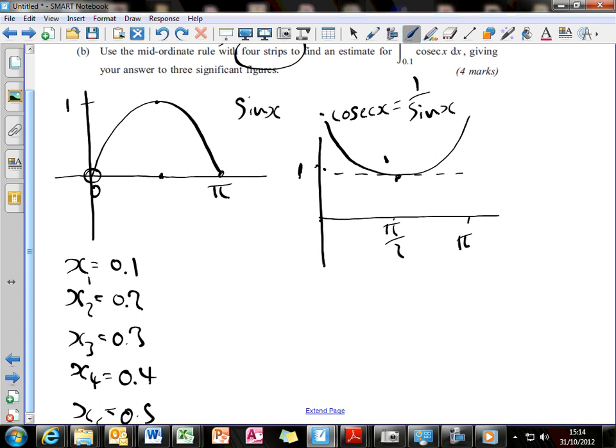But you're doing the mid-ordinate rule, so we're going to be using the middle values, the middle of the strips.